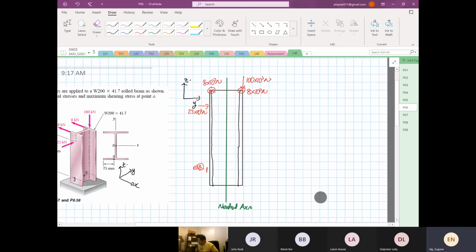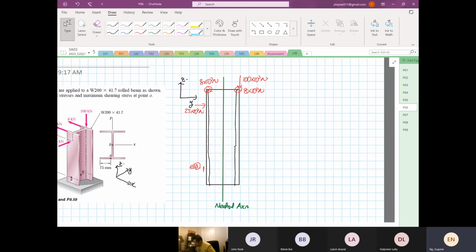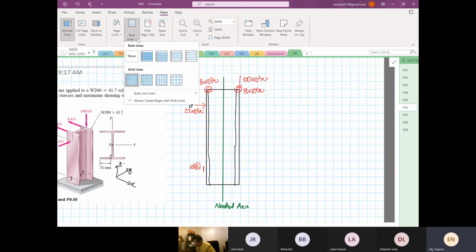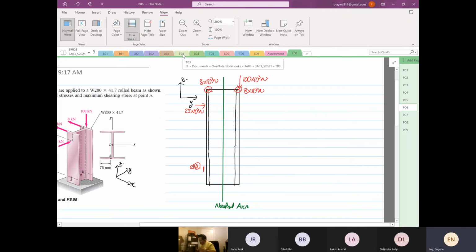Then you have to be careful down here. So down here you have to be really careful. We know that, if we look at here, this is our rotation in our X, right? So we know that we are going to have a moment due to the 100 kilonewton and the 25 kilonewton, right?